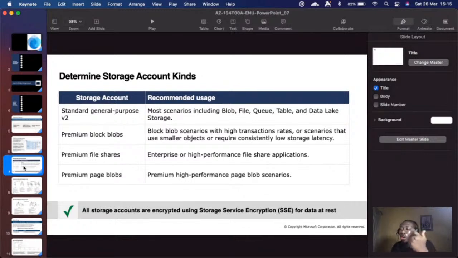Now, the ones that are really not common are the premium block blobs, the premium file shares, and the premium page blobs. Let me tell you, anytime you hear the word premium in Azure, you know that you're dealing with high performance and cost. Making use of these services is not really for those trying to manage things.